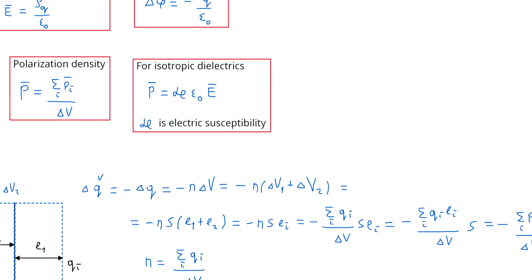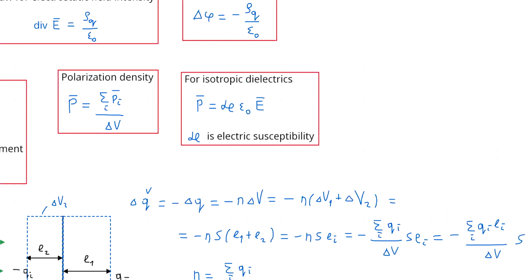And of course, according to this equation, the direction of polarization density is the same as the direction of electrostatic field intensity.